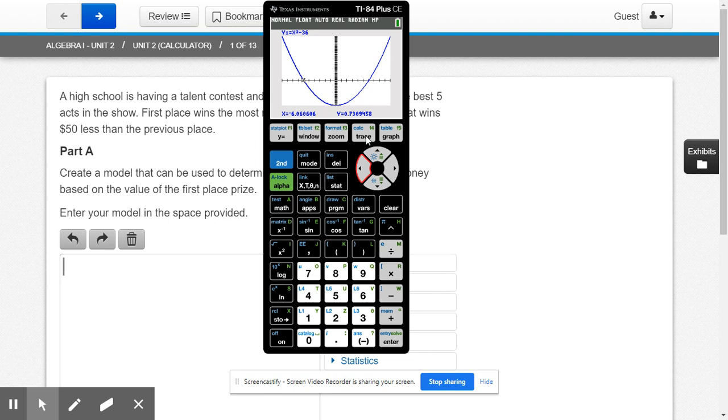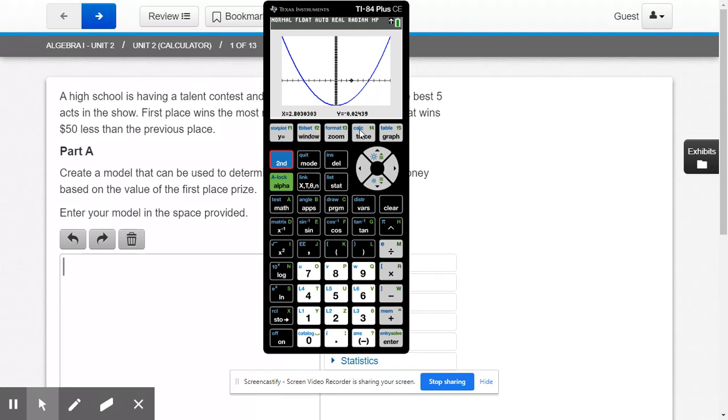So another little trick is we can calculate. If you go to second and trace and press number 2, we can then calculate, and it's asking us to choose our left bound, choose our right bound, and then our guess. So somewhere in the middle. And here I can see my 0 is at exactly x equals -6. And I can do the same thing on the other side.